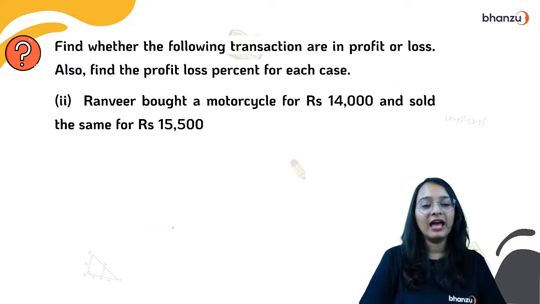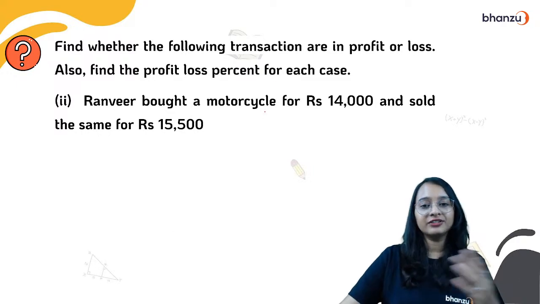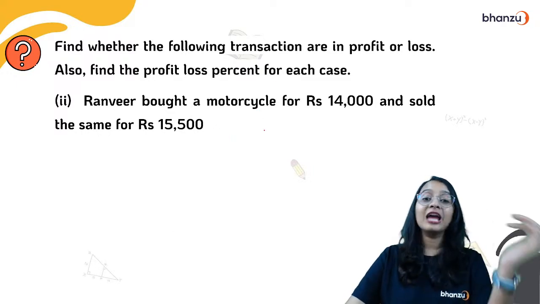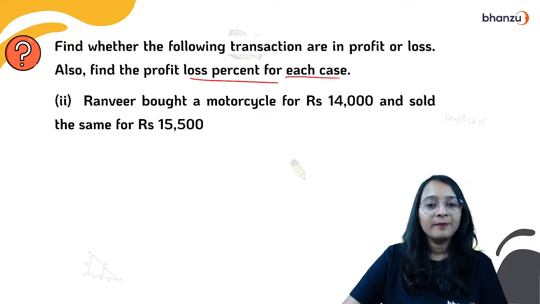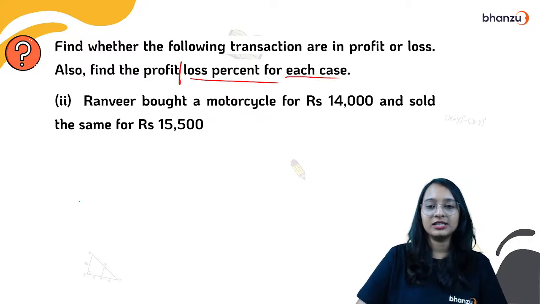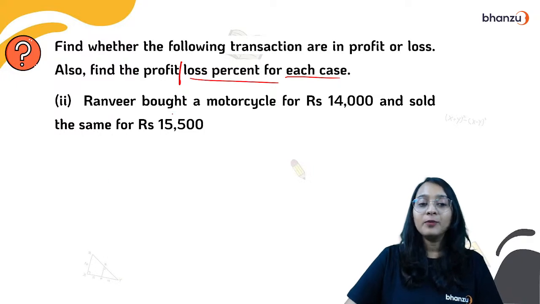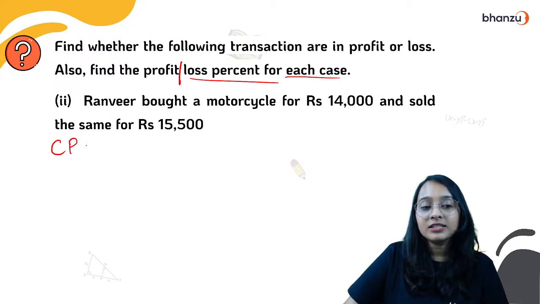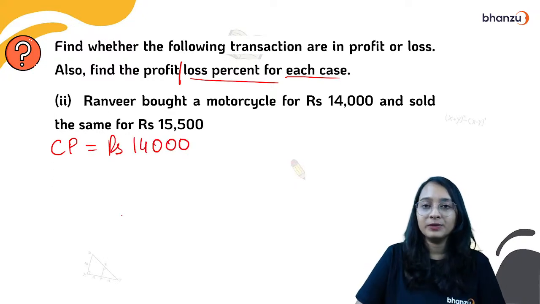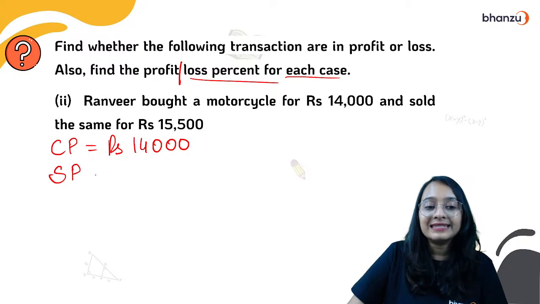All right. Now find if the transaction is profit or loss and also find the profit percent or loss percent in each case. Okay? So Ranveer bought a motorcycle for 14,000 rupees. So what is the cost price here, guys? The cost price is 14,000 rupees and sold the same for 15,500.